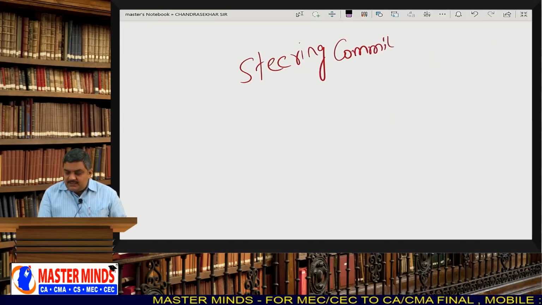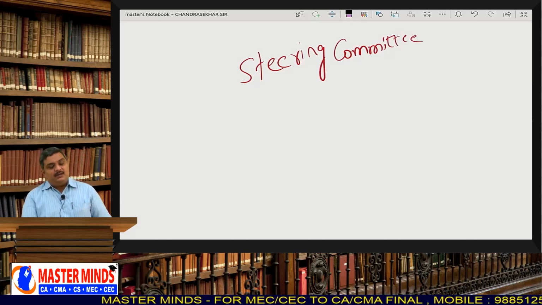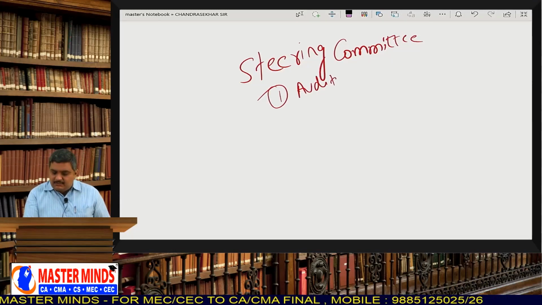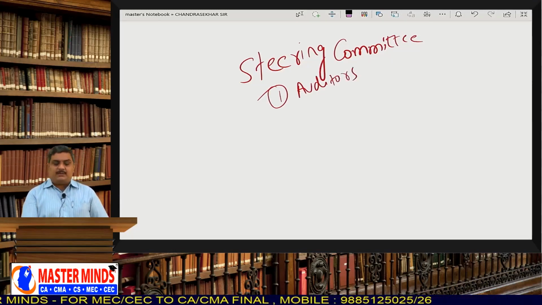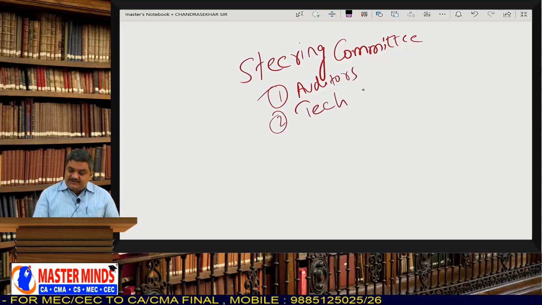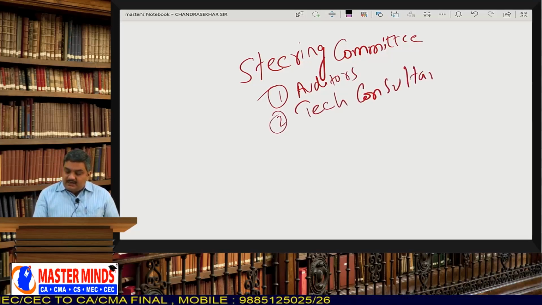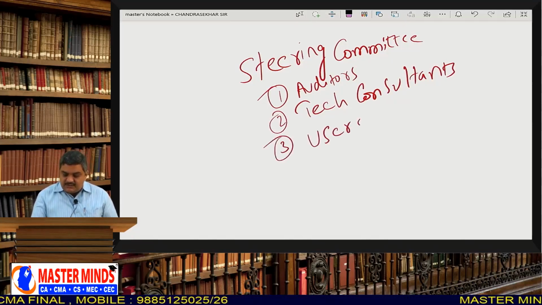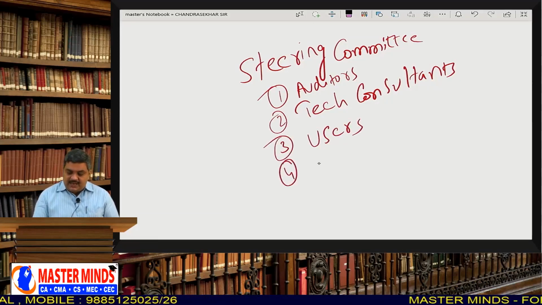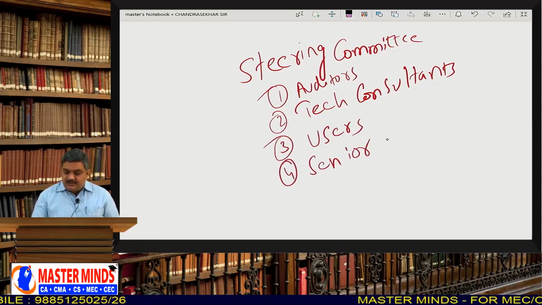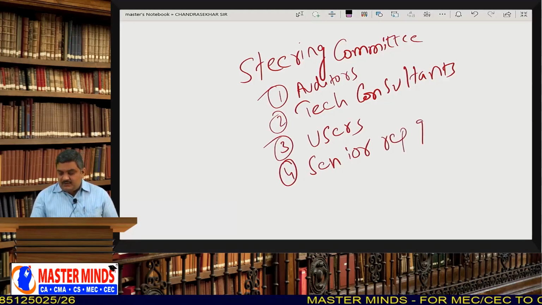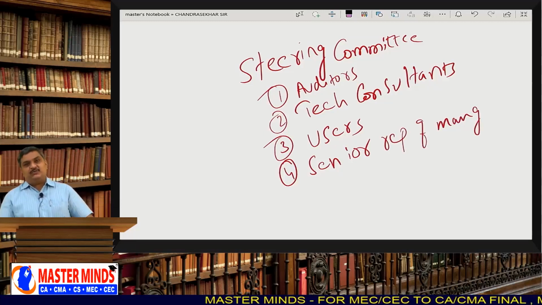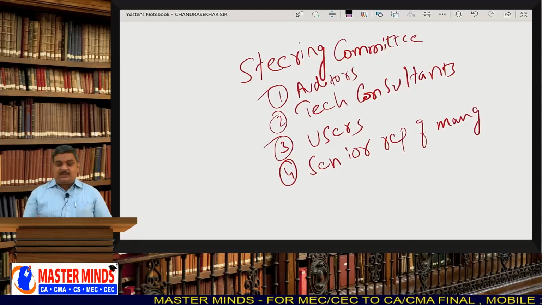So what is the duty of this steering committee? Who are the members? The auditors are the key people in that steering committee. Then some technical consultants, some people from users, and senior representatives of management like Vice President Finance, Vice President Systems, Vice President Marketing, likewise senior representatives.